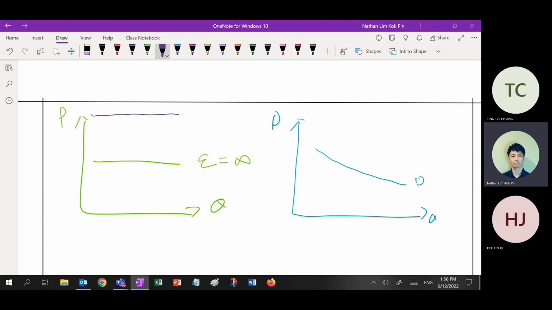If you use an imaginary line, it still looks like E, only it's not perfect E. It's sensitive. Three words to use for elastic: sensitive, responsive, and flexible.